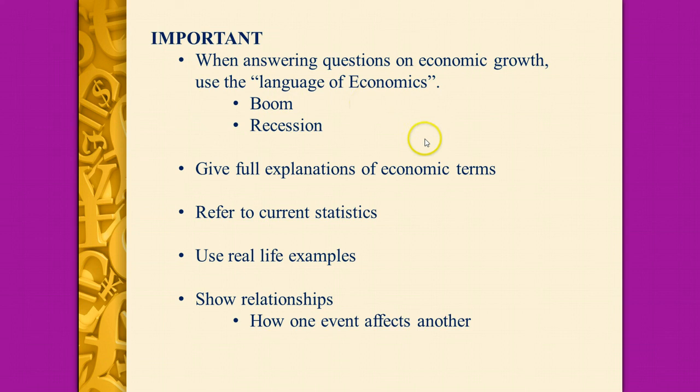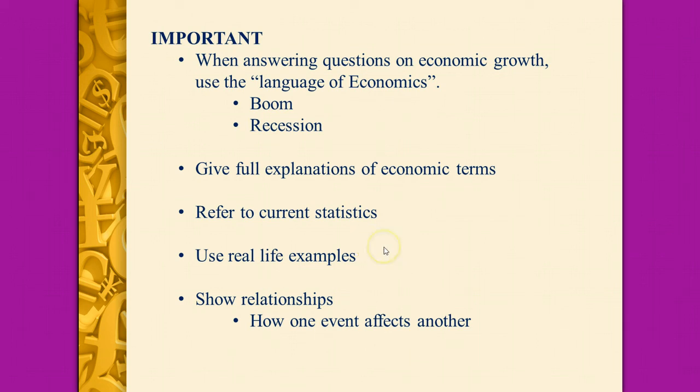Use terms, definitions. Refer to current statistics. Remember, all economics teachers will tell you the importance of statistics and that you should keep up to date with current statistics. Use real life examples if you have got one. I mean, we talked about before all sorts of things, economic growth and effects of climate.